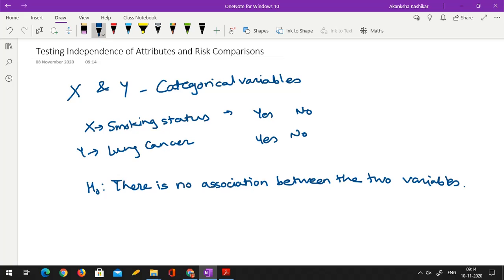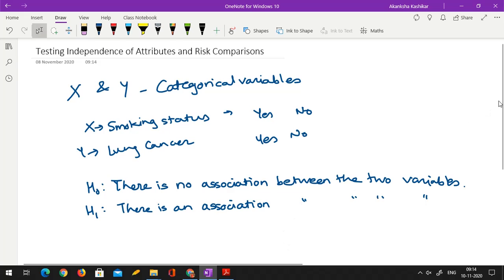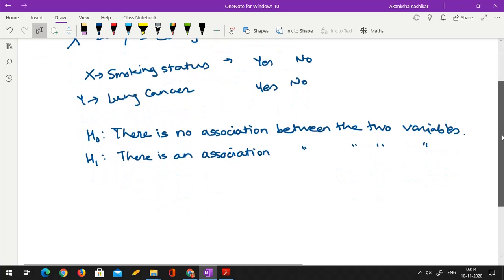That would be the null hypothesis. The alternative hypothesis is that there is an association between the two variables. So whether you smoke or not does change the probability of you getting lung cancer.